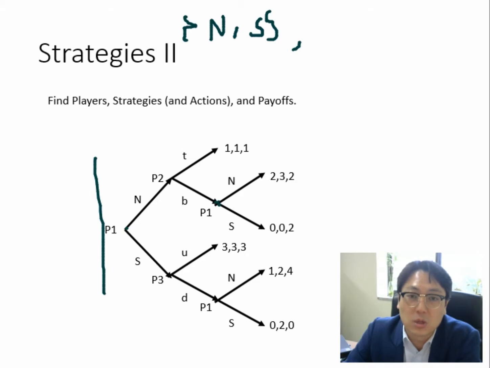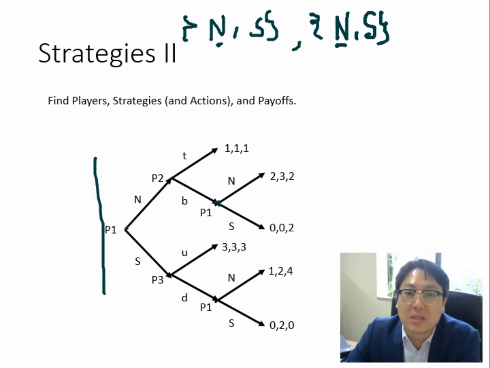Once this node is reached, player 1 will choose between N and S. Even though the name of a strategy is the same, it does not refer to the same action because the timings are different. This happens before and this will happen later. So even though the name is the same, it's not the same.